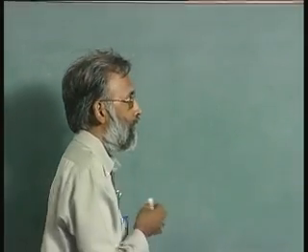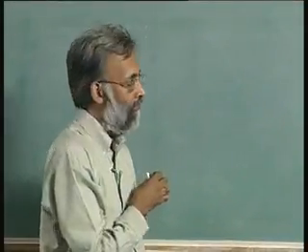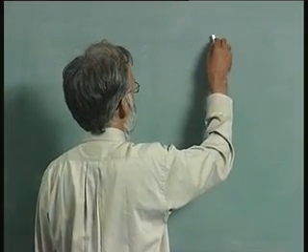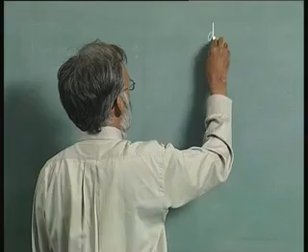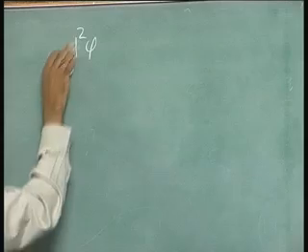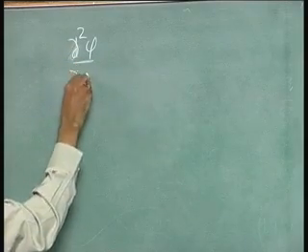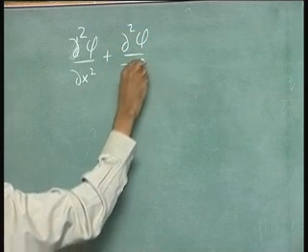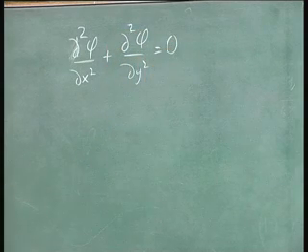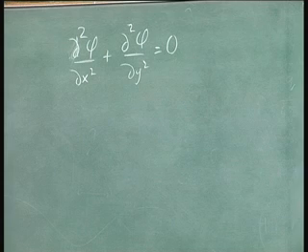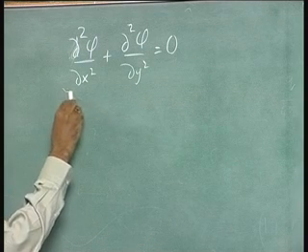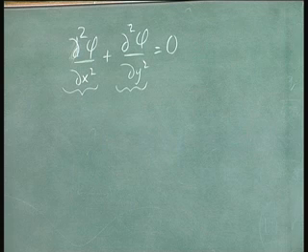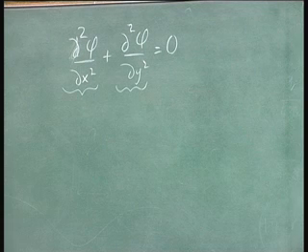if you look at Laplace's equation, let us take the simplest case in Cartesian coordinates: del squared phi by del x squared plus del squared phi by del y squared equals 0. If you look at this, you have two second derivatives which added together give you 0.